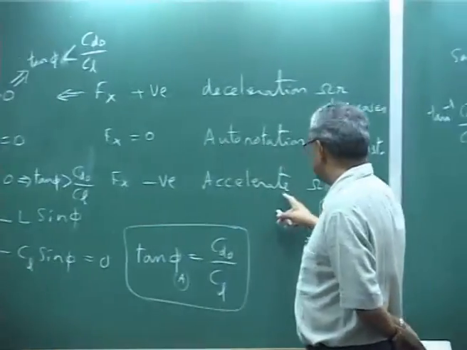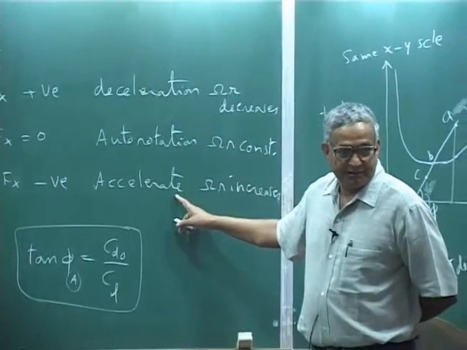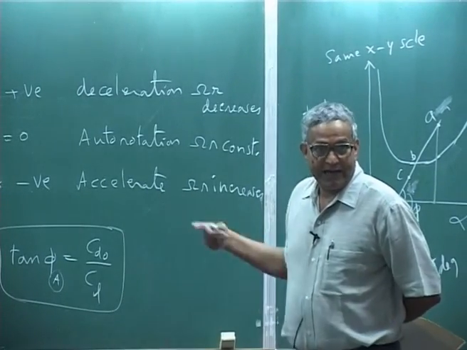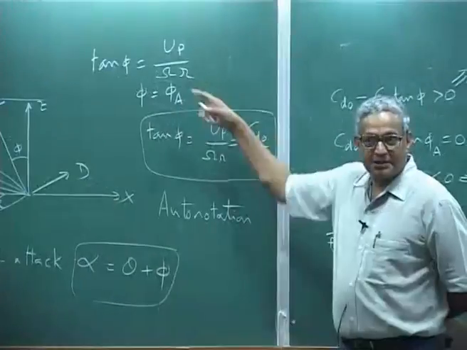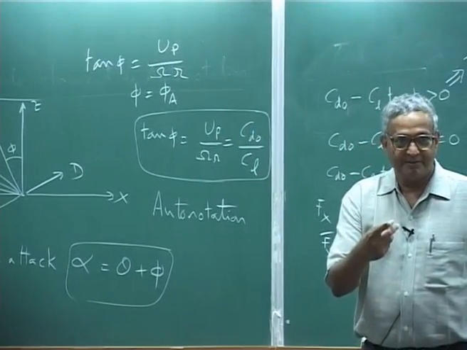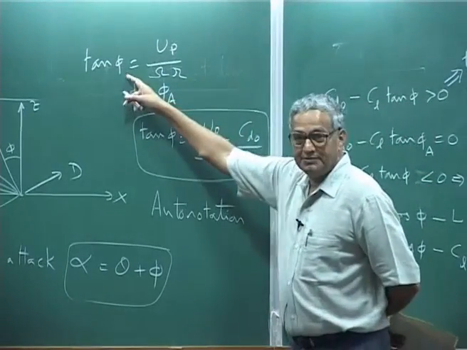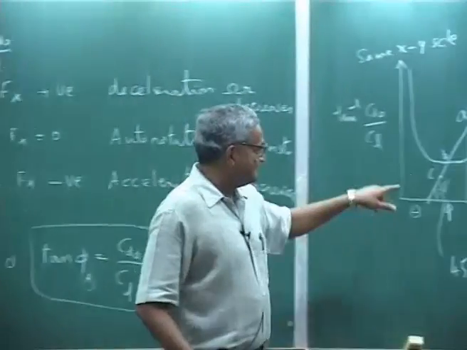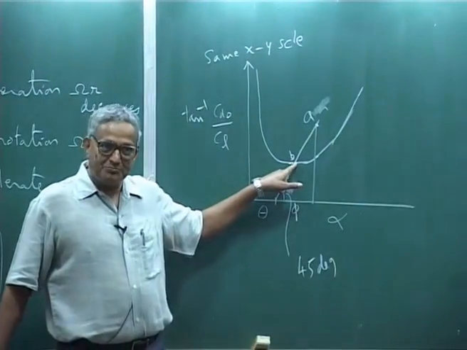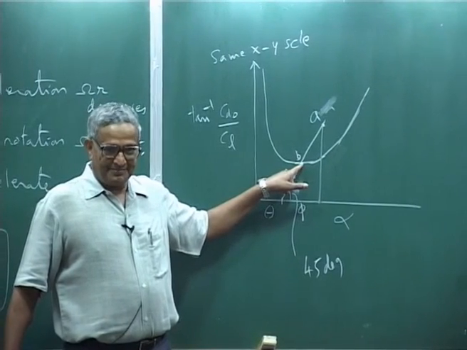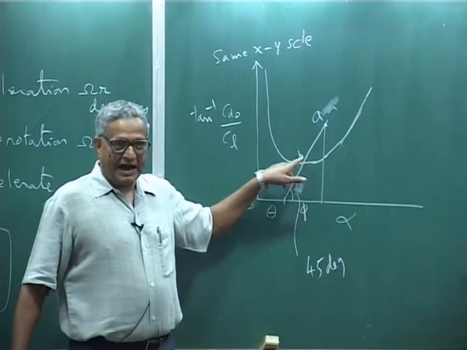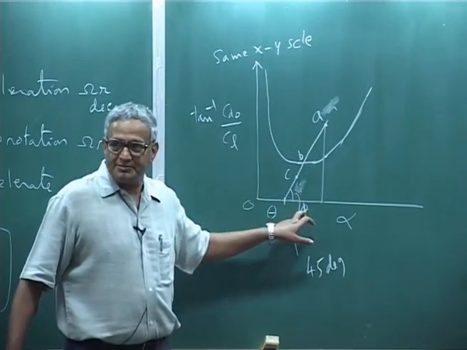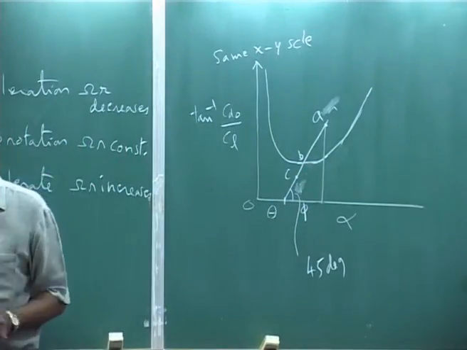Which implies what? It will accelerate. When it accelerates, omega r is increasing, and phi will decrease. So it will come to that point B. Because at B, exactly phi is tan inverse, that is the auto rotation point.